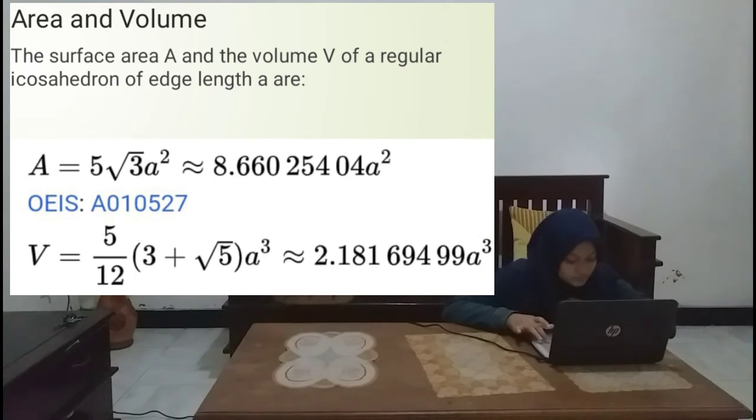And the volume equals 5 over 12 times (3 plus the square root of 5) times a cubed, approximately 2.18169499 a cubed.